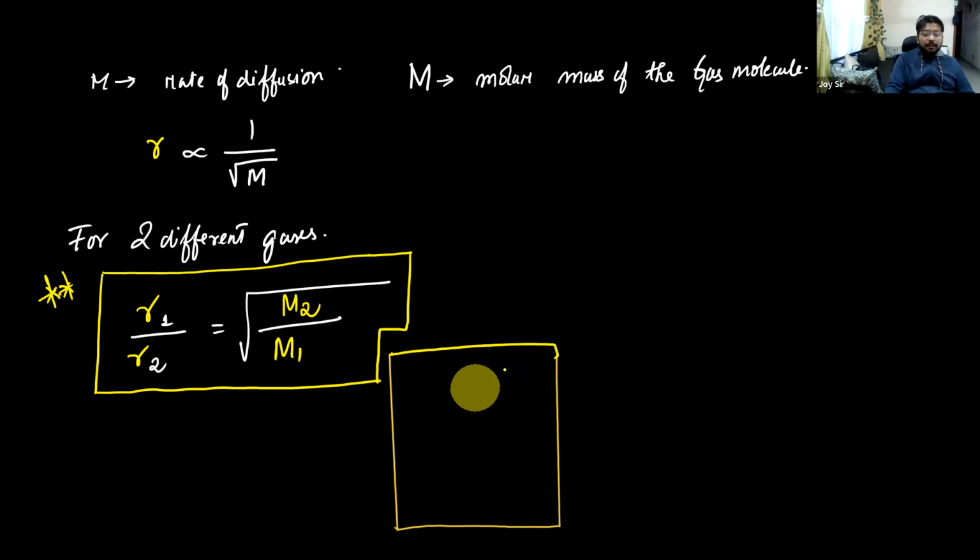Now, there is another formula to find out the rate of diffusion. Suppose there is a chamber with gas inside.